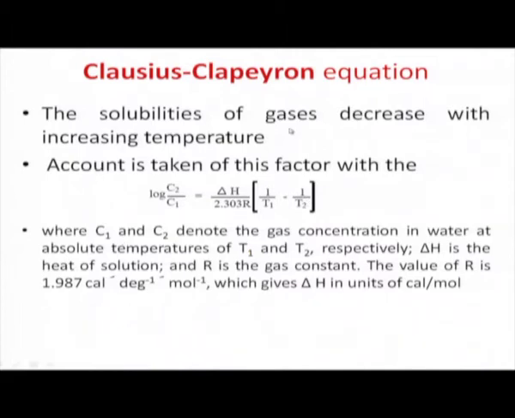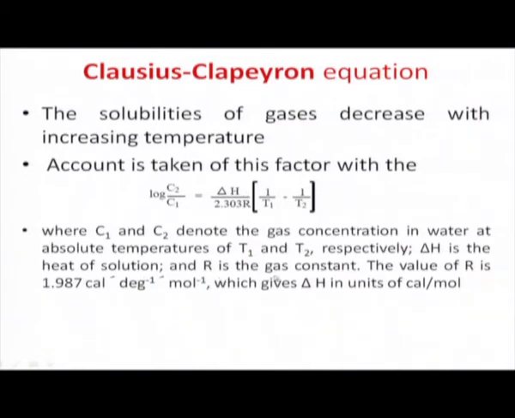Usually the solubility of gases decreases with increasing temperature, and this can be found out easily using the Clausius-Clapeyron equation by determining the concentration of a particular compound at two different temperatures, where in this equation C1 and C2 denote the gas concentration in water of the particular compound at absolute temperatures T1 and T2, two different temperatures, and delta H in the equation is nothing but the heat of solution.